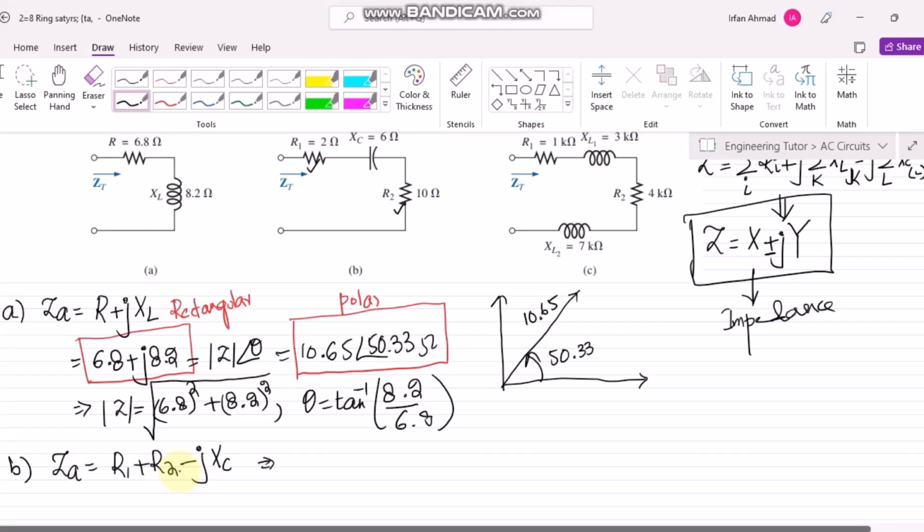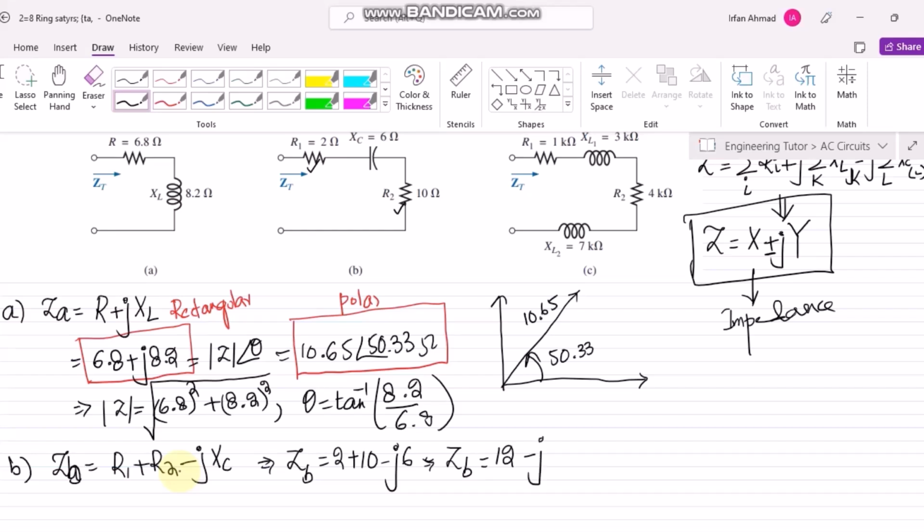Writing their values, what I will get, sorry, that is basically the ZB. So, ZB is equal to R1, which is 2 ohm plus 10 ohm, and minus J, the value of XC is 6 ohm. So, calculating it, I will get 12 minus J 6 ohm.